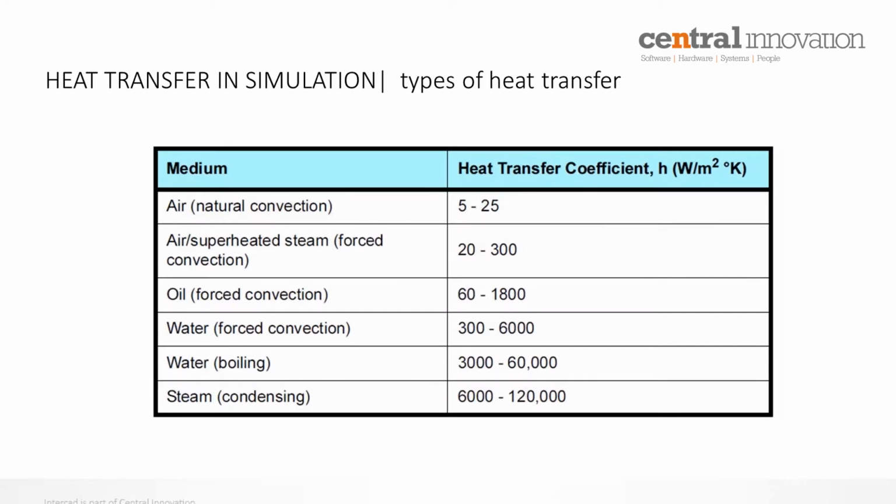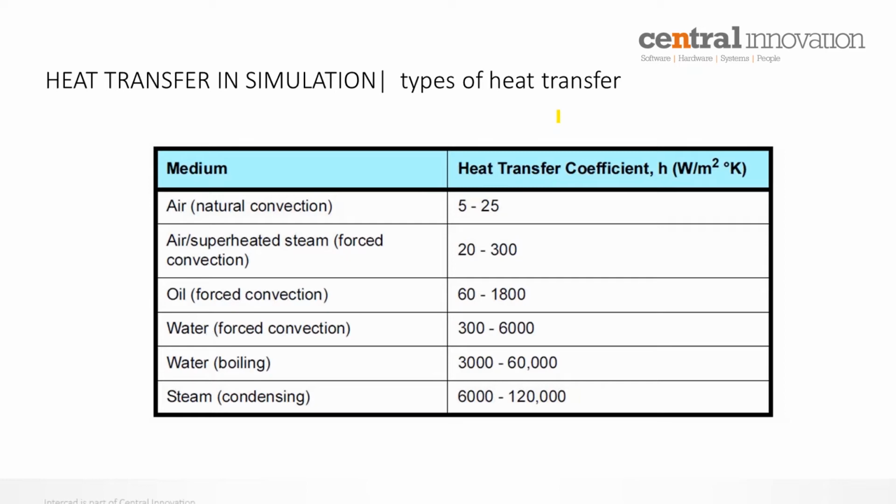So before we do a case study, just a few examples of heat transfer coefficients for convection. We can see these also can vary wildly. Natural convection, like a warm or hot object in air, could be somewhere between 5 and 25 watts per meter squared Kelvin, all the way up to condensing steam, which could be 6,000 to 120,000 watts per meter squared Kelvin.